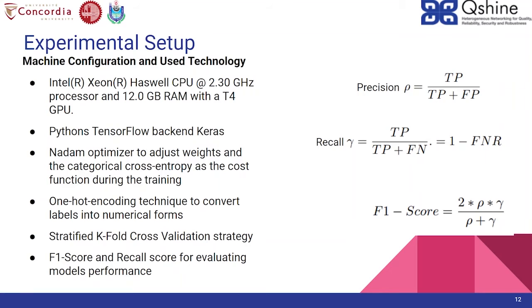We also used a one-hot encoding technique to convert labels into numerical form, and k-fold cross-validation has been used in the testing steps. We used F1 score and recall score for evaluating our model performance. The F1 score is the harmonic mean of precision and recall, which is described in the equation.